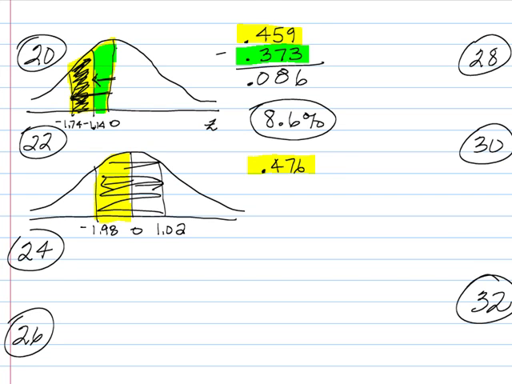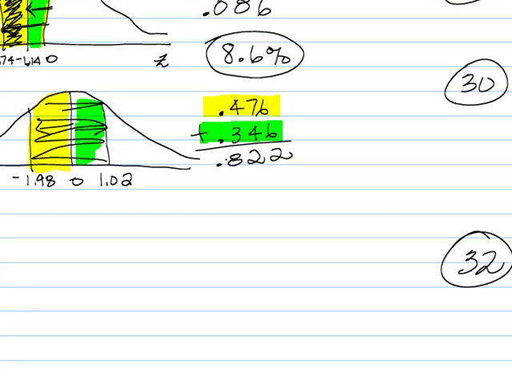So now we need to figure out this area. So we want to look up 1.02 as a z-score, and I have 0.346. And as we can see, to get the scribbled area, we need to add this time. So we get 0.822, which would give us 82.2%.